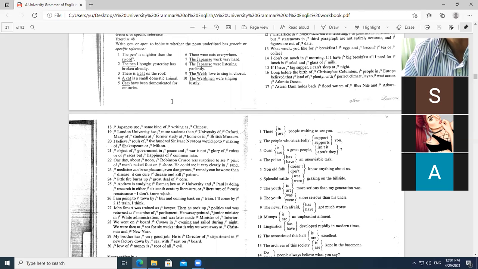Okay, next. There is a cat on the roof. It is what? Specific, yes. Next. Cats have been domesticated for centuries.